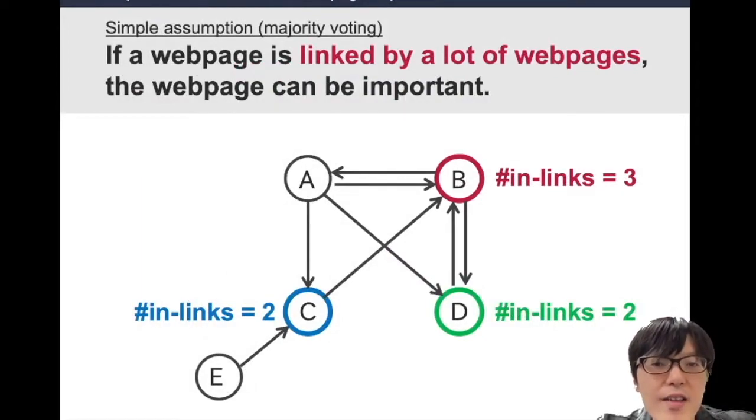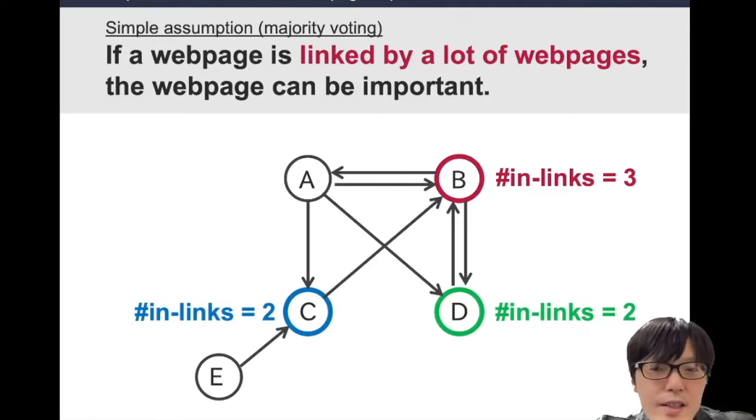How can we evaluate the importance of the web pages on this graph? A simple method is majority voting. That is, if a lot of web pages link to a web page, we think that such web pages can be important. So let's think about this method on this graph.